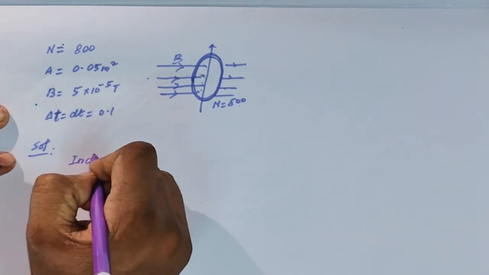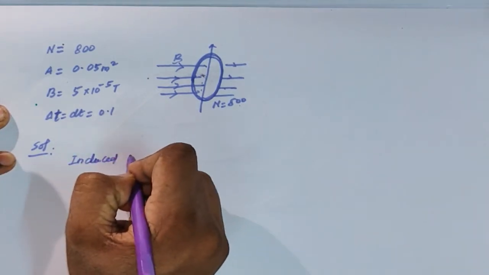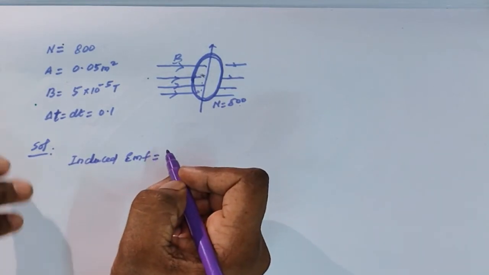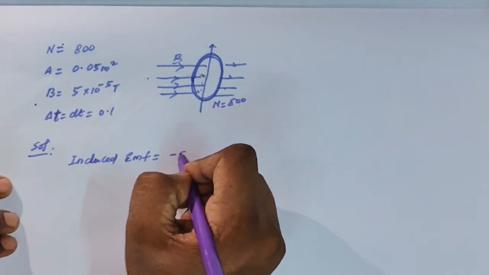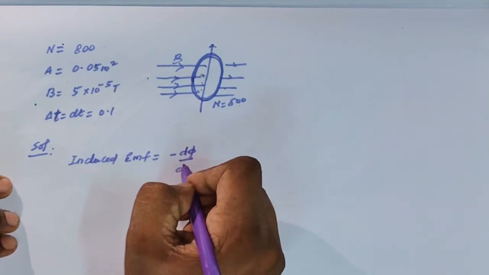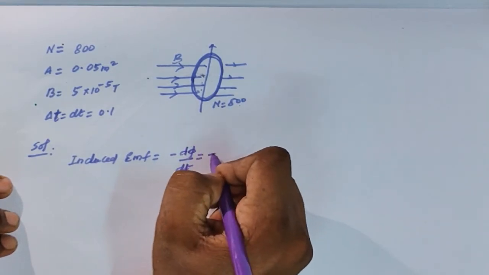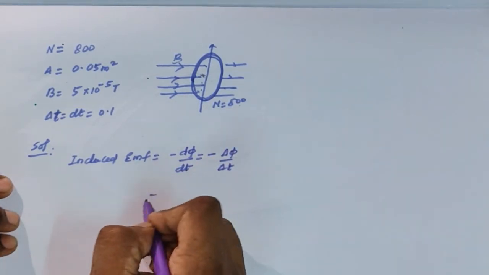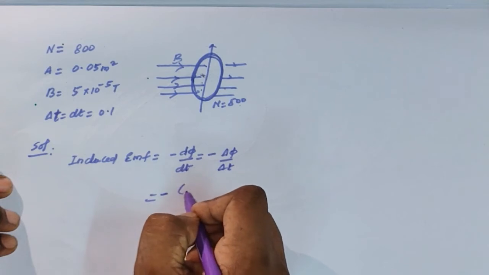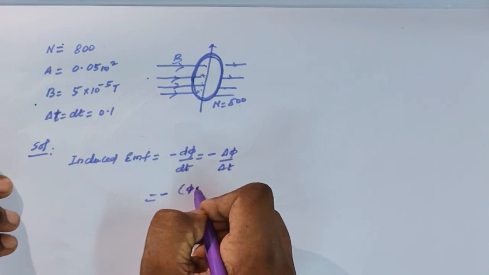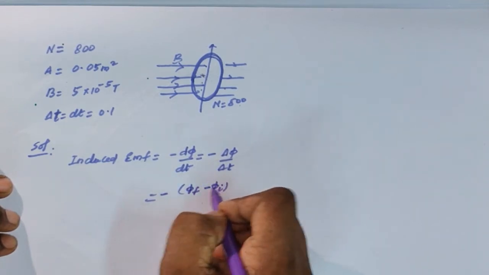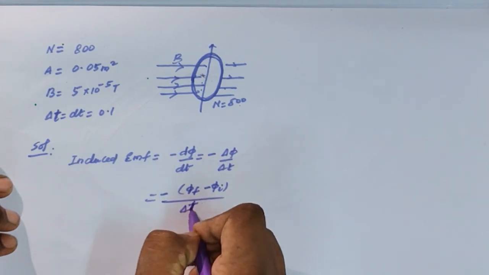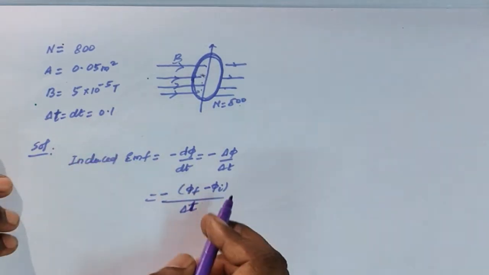The induced EMF, in general, is given by minus dφ/dt, or minus Δφ/Δt. Δφ is nothing but the final flux minus the initial flux, the change in flux, divided by Δt. Δt is given here as 0.1 second.